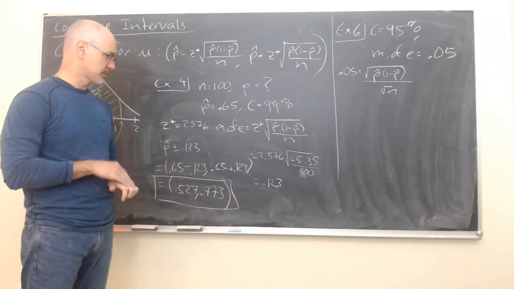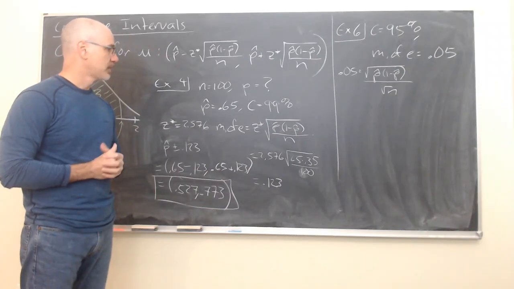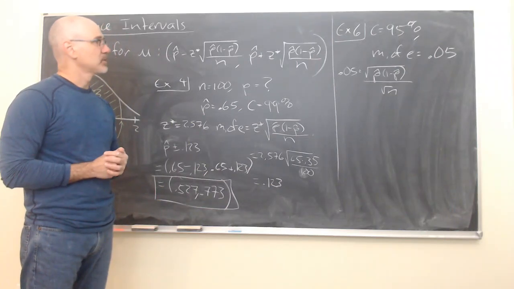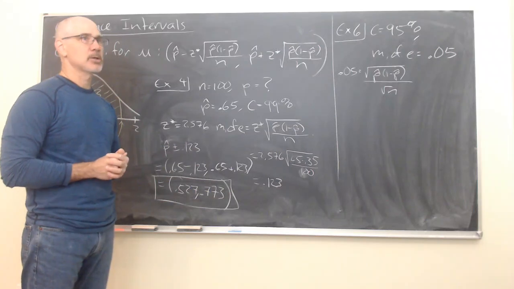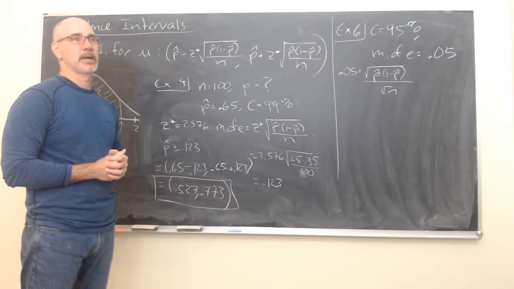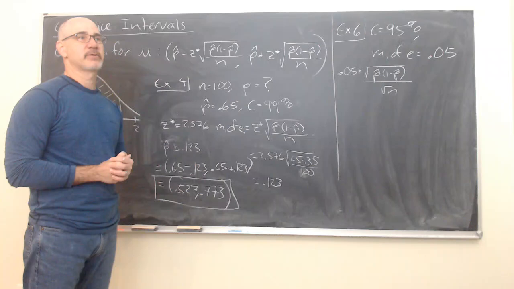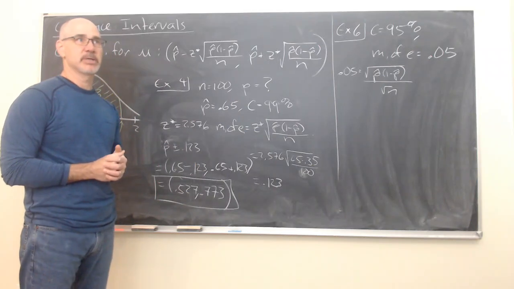And so similar to the average weight example, we can instead think about how close we want to get and how sure we want to be, and from that figure out how many have to be in our study.